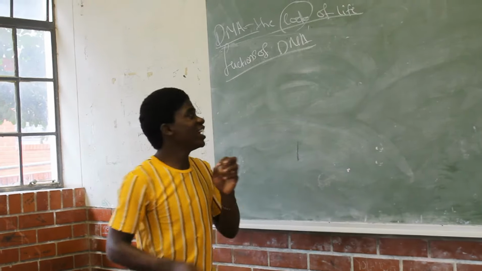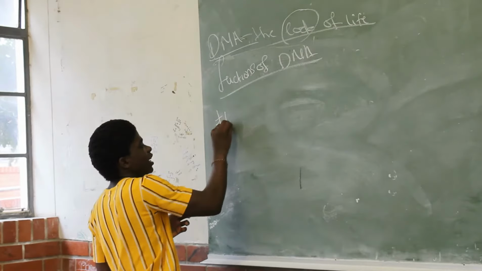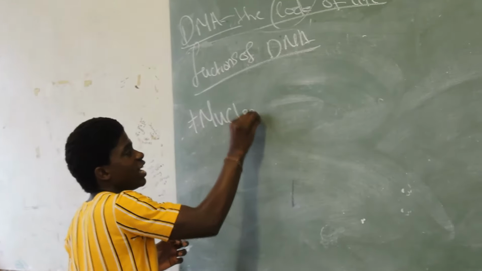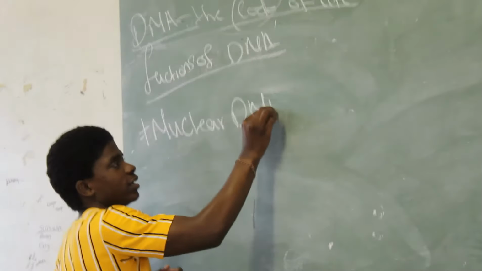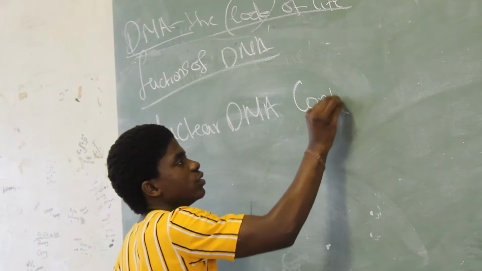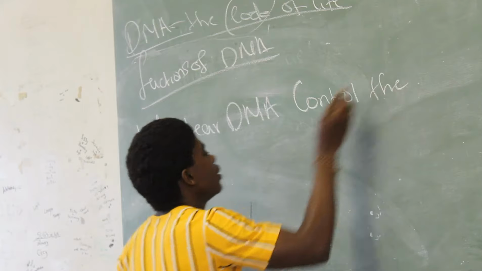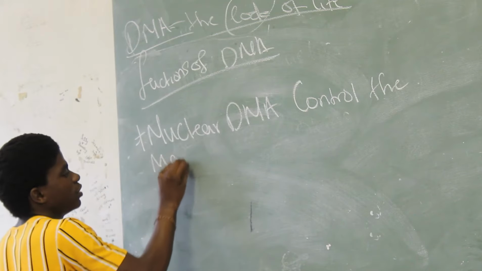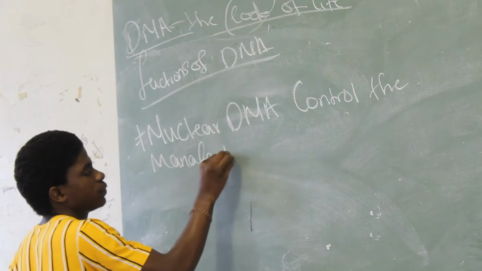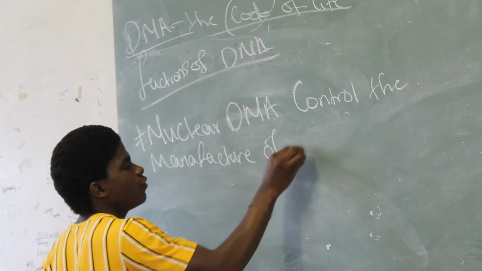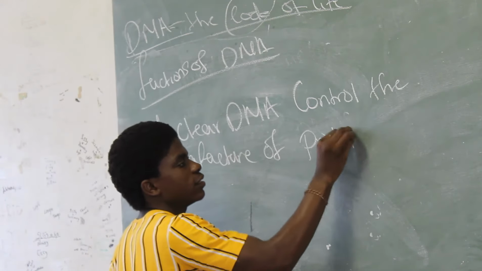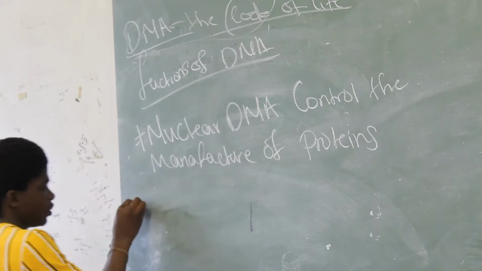Okay, so that is the first function: nuclear DNA controls the manufacture of proteins. That is the first one.